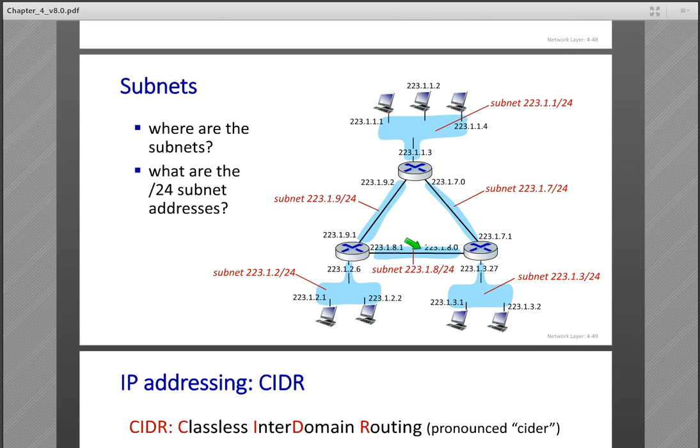For example, here again in this picture, for these three connection links, we can see that we are applying different IP addresses to those networks, and those networks just need two IP addresses.